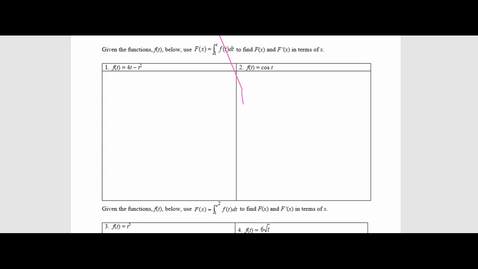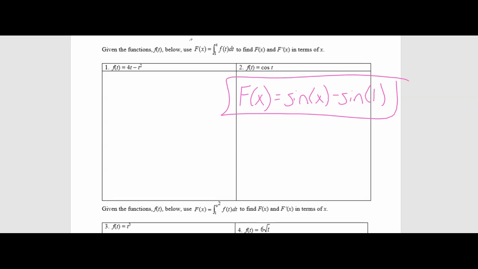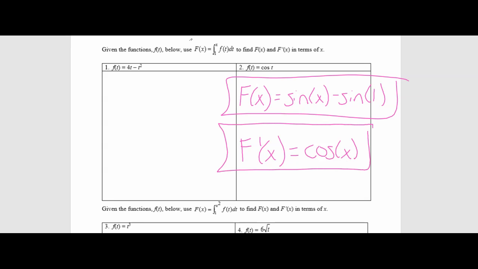All right, so number 2, we have capital F of x being equal to sine of x minus sine of 1, which means capital F prime of x, I'm just going to say f prime of x from now on, is equal to just cosine of x.